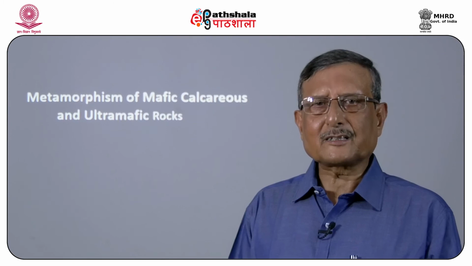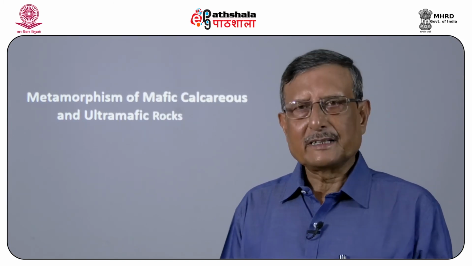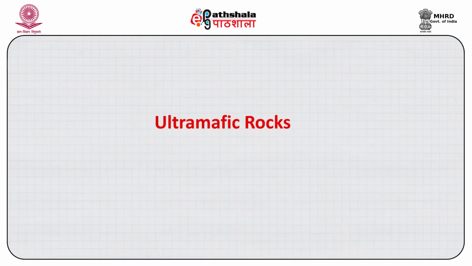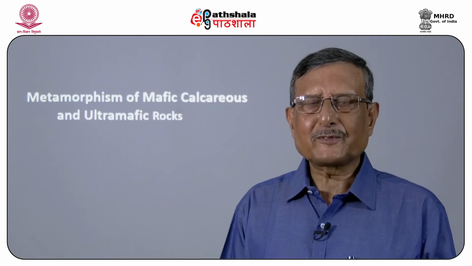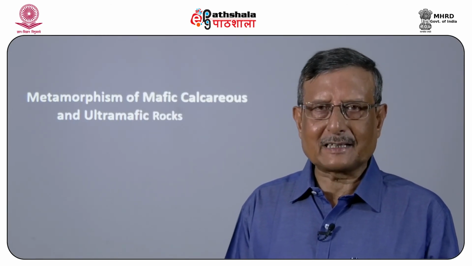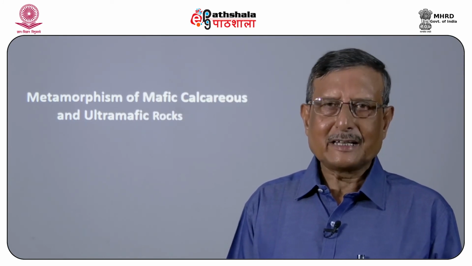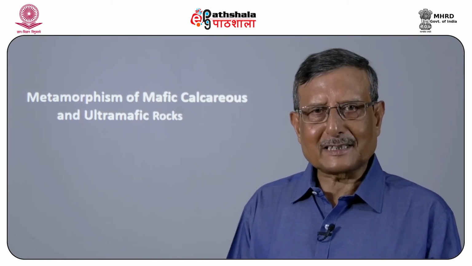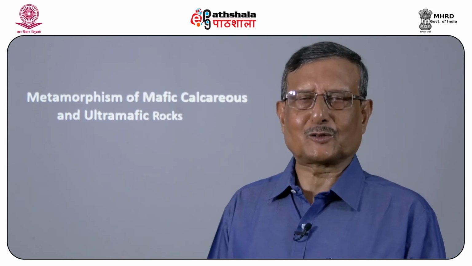Now, the third component of this module is the ultramafic rocks. Now, as you know, ultramafic rocks occur much less abundantly than the other two rock types. And so, what happened is that they are the least studied also.